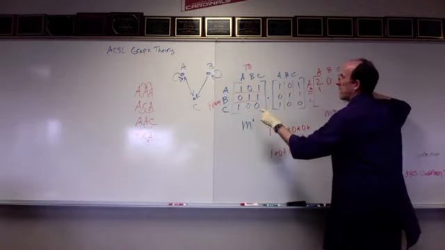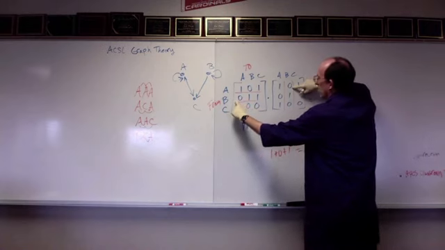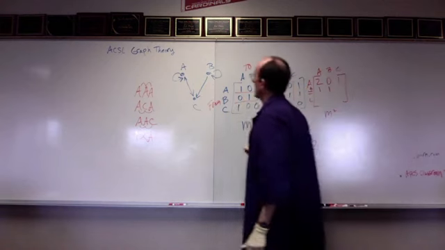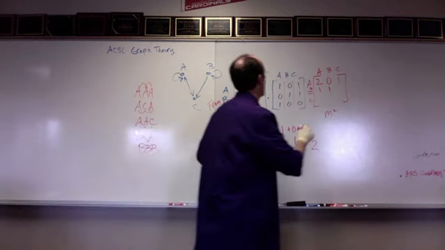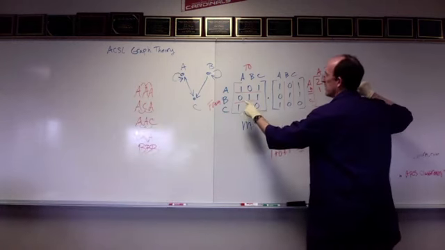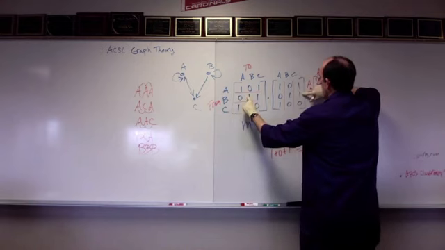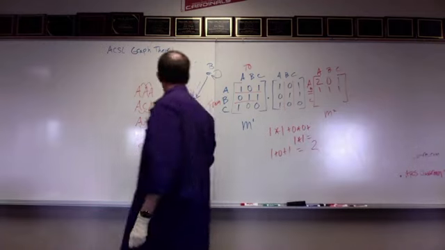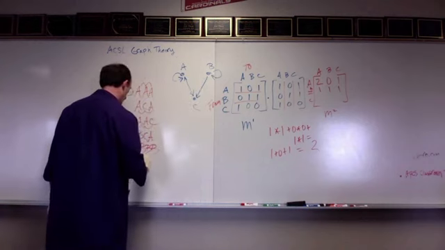Path from B to B: 0 plus 1 plus 0. There's 1. And what is it? BB. Paths from B to C: 0 plus 1 plus 0. 1. What is it? It's going to have to be BBC.